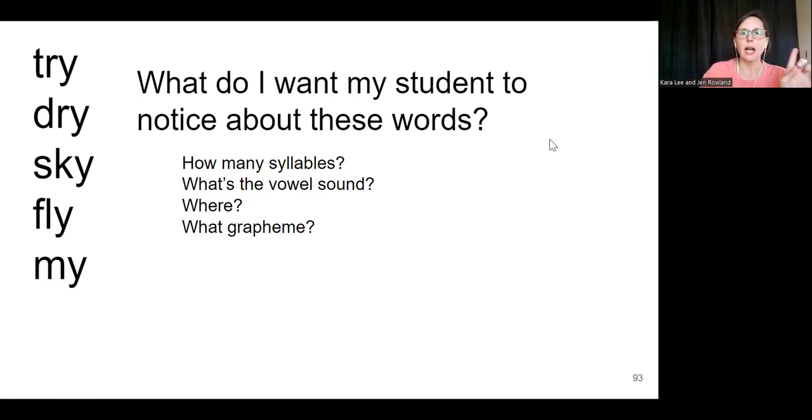Previously, I knew that Y could function like a consonant grapheme because it could represent a consonant sound, like in yes, yam, yo-yo, your. And now I'm learning it could be a consonant grapheme, or it could be what's the other kind? In these words, it's functioning like what kind of grapheme? It's a vowel grapheme. Yes, because it is representing a vowel phoneme.